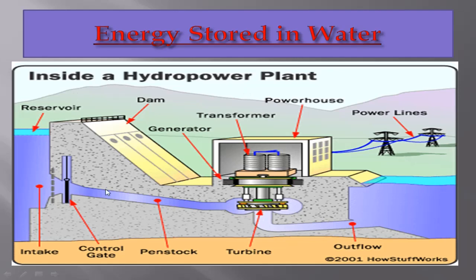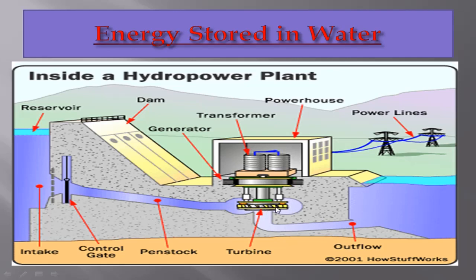Now look at this picture carefully. This is the dam. Here is the transformer, or rather the generator. The reservoir contains water, and this water contains energy. When this control gate is opened, the water flows through this canal at high speed. When water flows through this canal, a turbine fixed in that area is rotated.